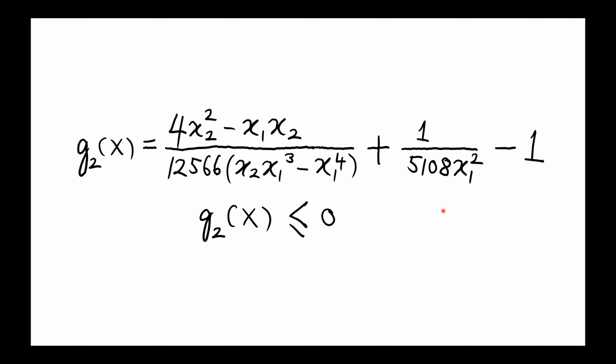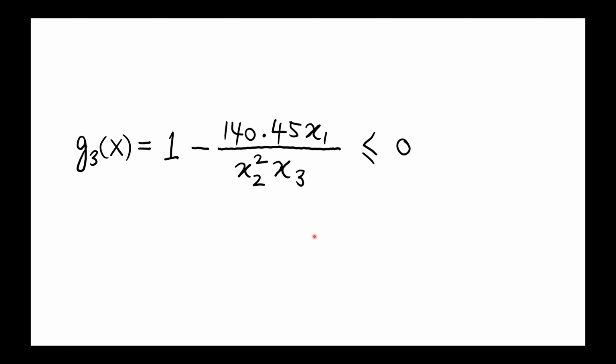Four multiplied with x2 squared minus x1 x2, divided by 12566 multiplied with x2 x1 to the power of 3 minus x1 to the power of 4, plus 1 over 5108 x1 squared, minus 1, and the whole value should be less than or equal to 0.